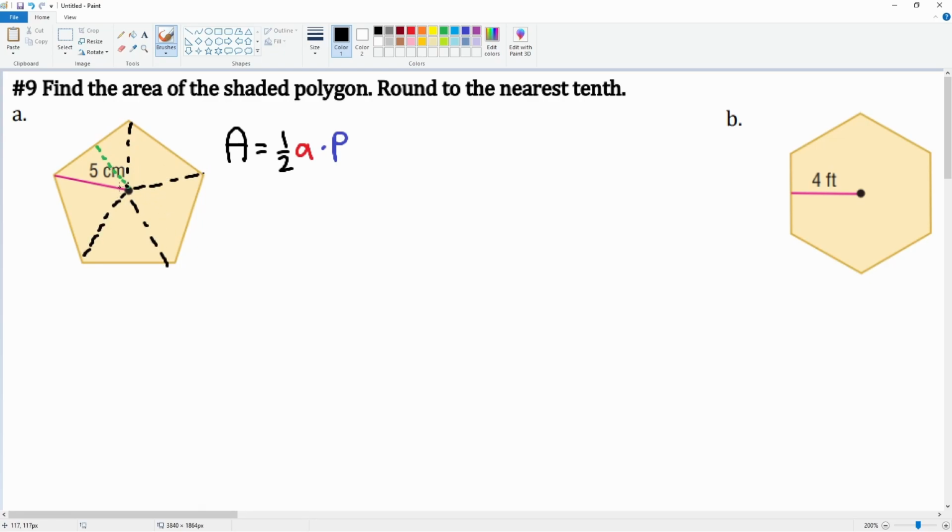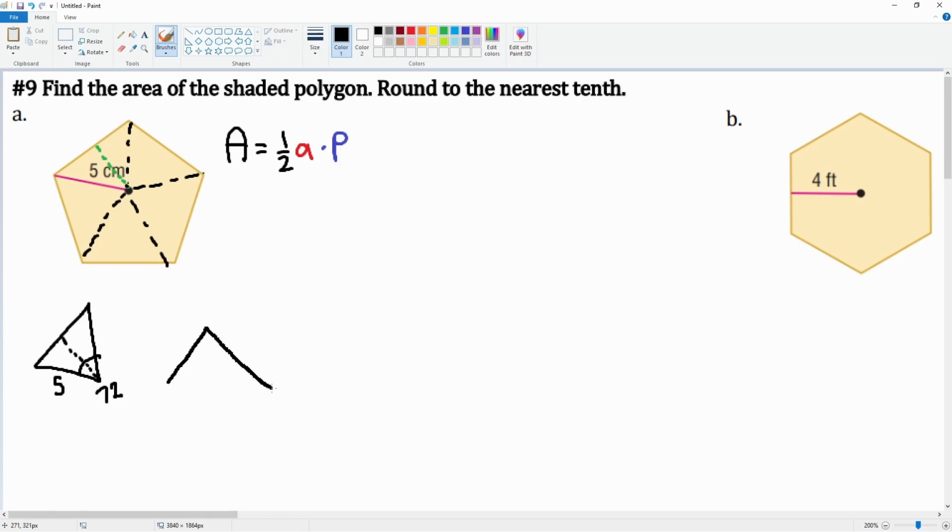Each piece of this polygon can be split into 360 divided by 1, 2, 3, 4, 5. So this one triangle here can be seen as 72 degrees right here. Then we know that this is 5. We're trying to find this.